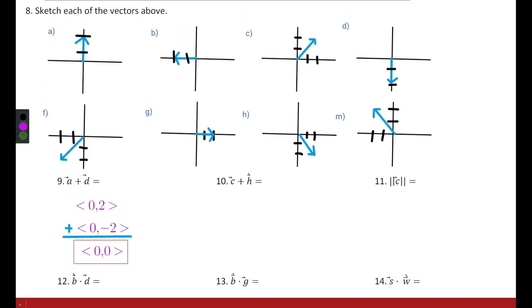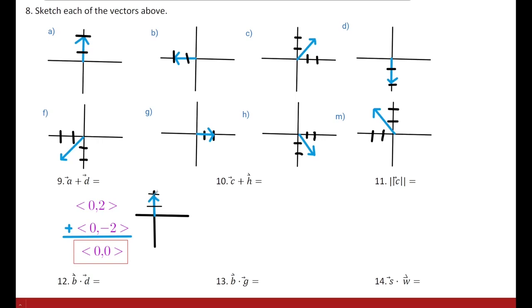There we go. So let me show you why visually as well. If the first vector is 0, 2, then we go 0 units in the x and 2 units up. And since d is 0, -2, the way that we add vectors is from head to tail.